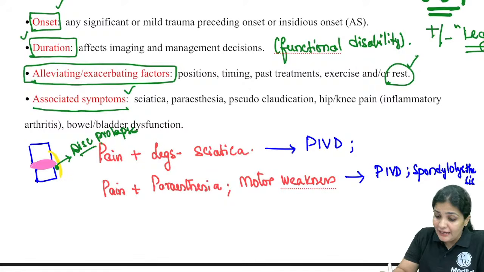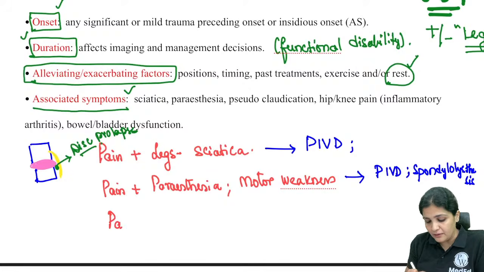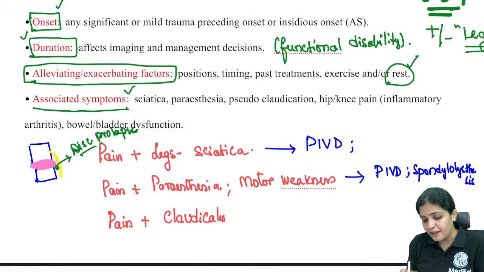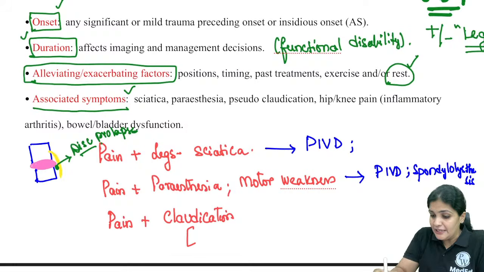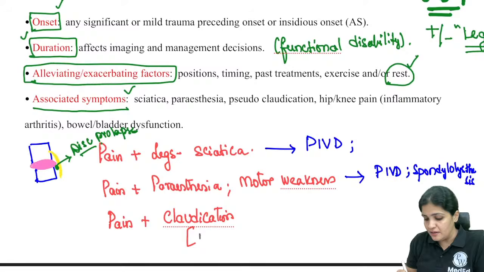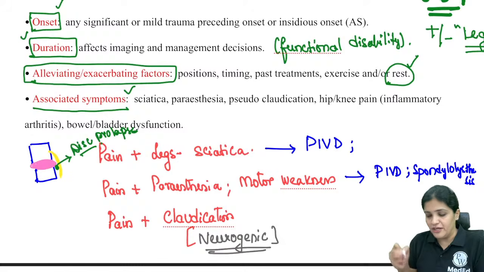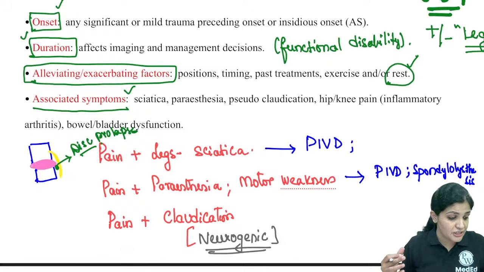And another important condition is back pain with claudication. So what do you mean by claudication? This claudication is neurogenic claudication that I'm talking about, right? This is not vascular claudication, but neurogenic claudication. So what do you mean by neurogenic claudication?